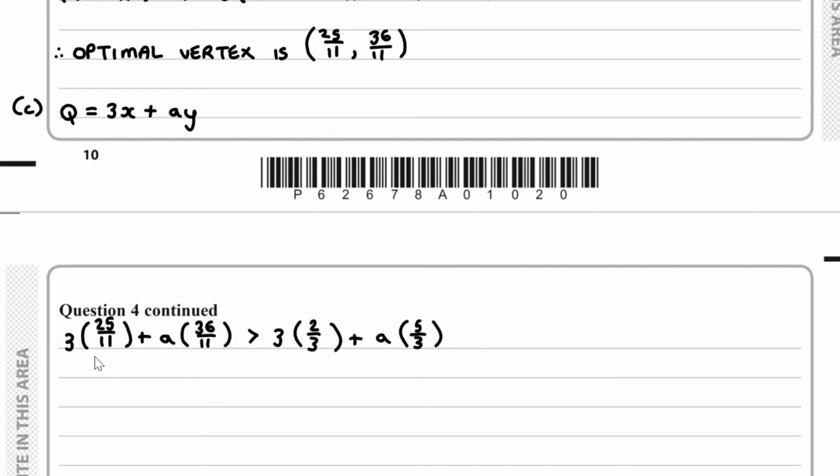So if we work out this inequality, we have 75 over 11 plus 36 over 11 lots of a being greater than 2 plus 5 over 3 a.